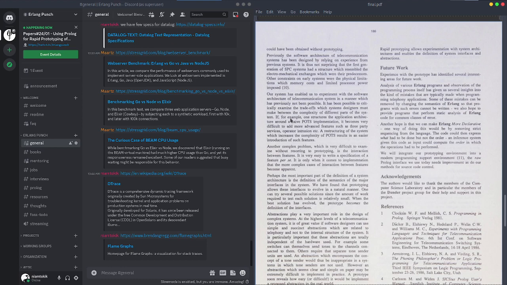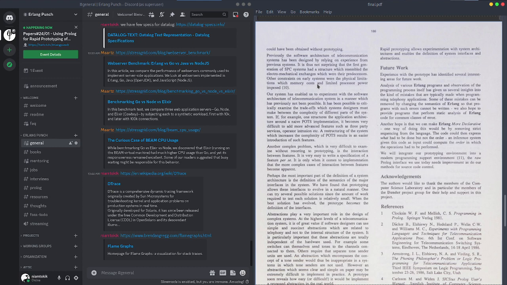It is not surprising that the first generation of SPC systems had a structure which resembled the electromechanical exchanges which were their predecessors.